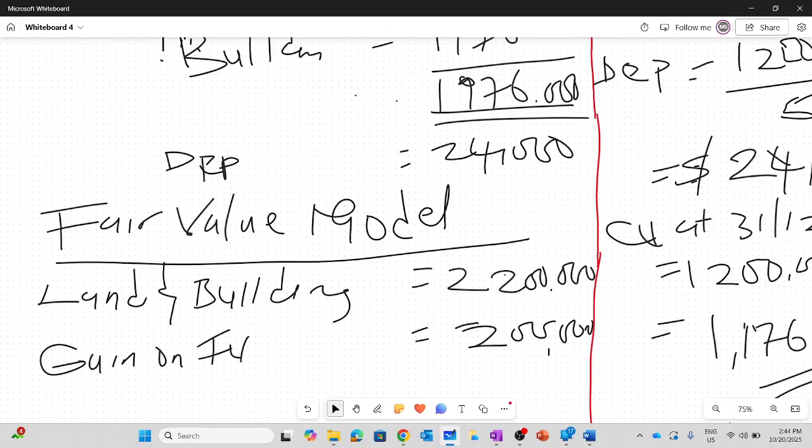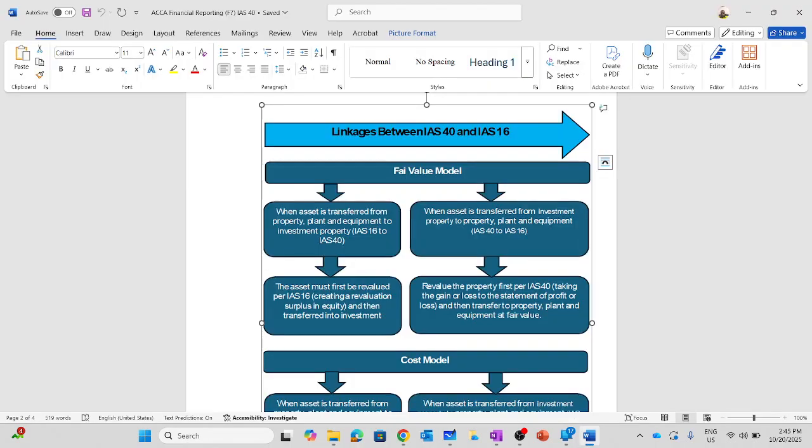What the linkage is about: when we are using an asset in the normal course of the business, we account for the asset as per IAS 16, which is property, plant, and equipment. But now we have decided not to use the asset in the normal course of business anymore. So we want to rent the building or the land out, or hold this particular asset for capital appreciation.